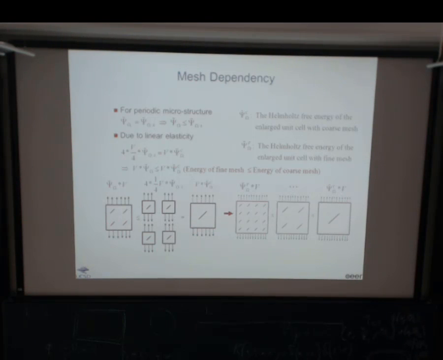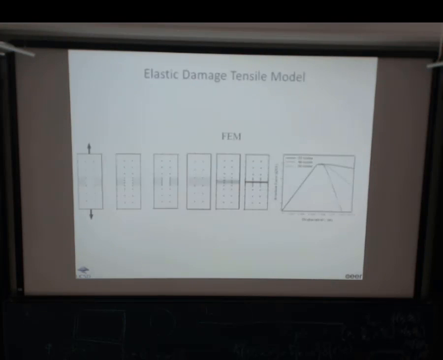So if I have a mesh that looks this big, and I use a damage law, I refine the mesh, I use the same damage law. Implicitly, what it implies is now I have a fracture pattern like this. You refine the mesh, you have a fracture pattern of this. And we know, as we just discussed through derivation, you get smaller and smaller free energy. So as you continue to refine the mesh, we will not converge.